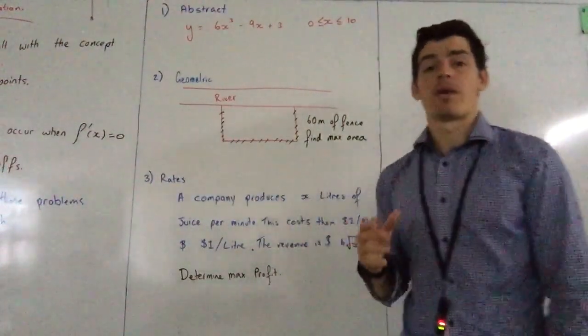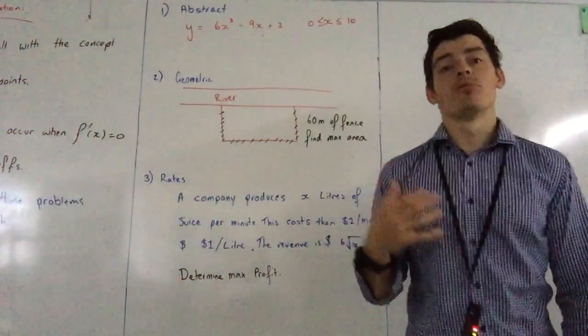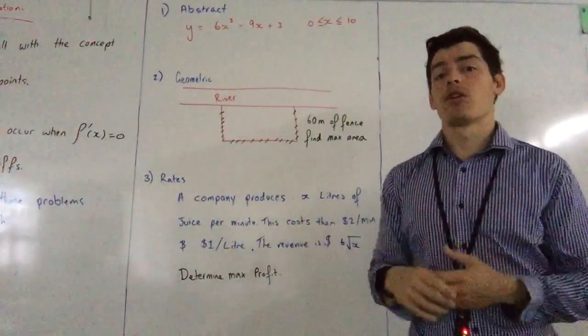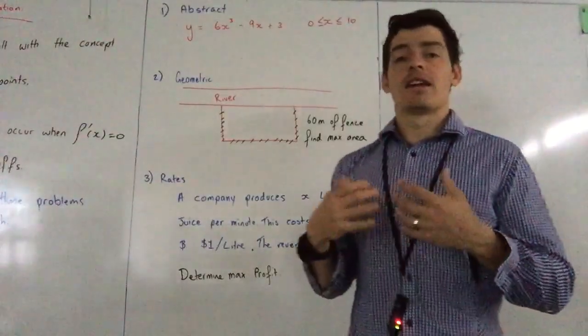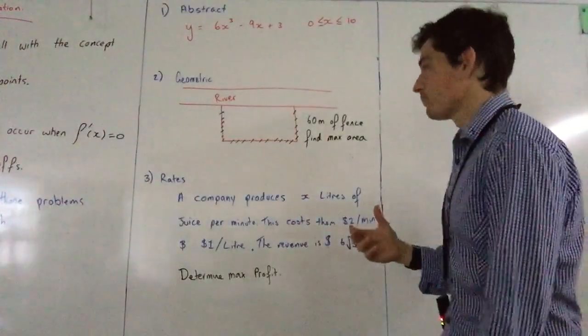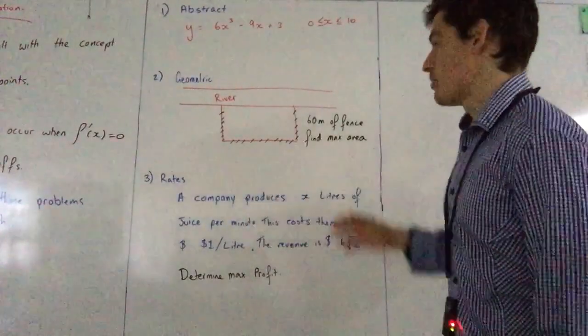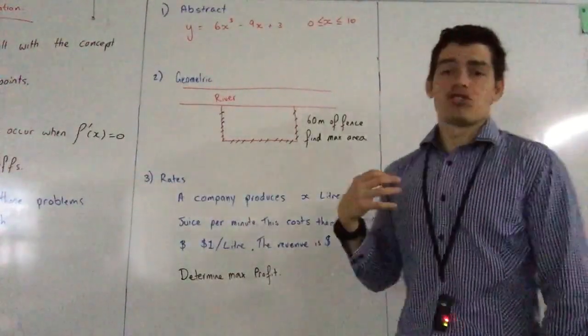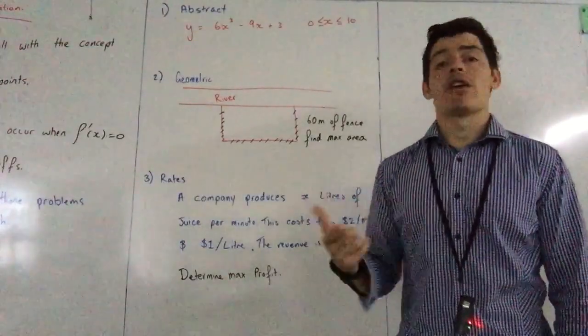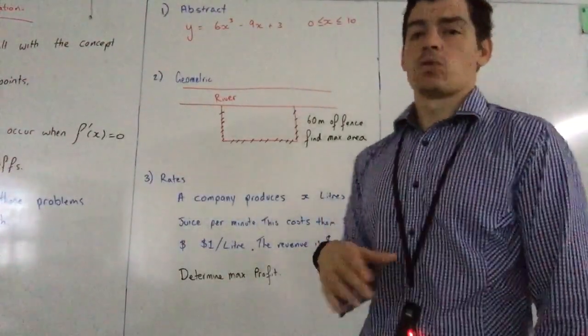The next one, and the one where we're heading, this is where we talk about optimisation, obviously trying to get the best scenario, getting the most out of a scenario, is when we've got geometric style problems. And this is a geometric style of problem here. Geometric is just talking about shapes, so volume, area, surface area, that sort of stuff.